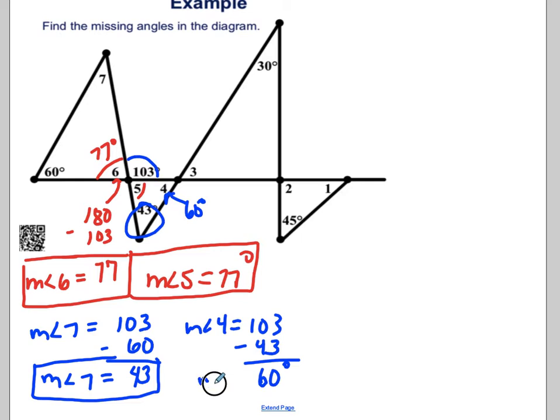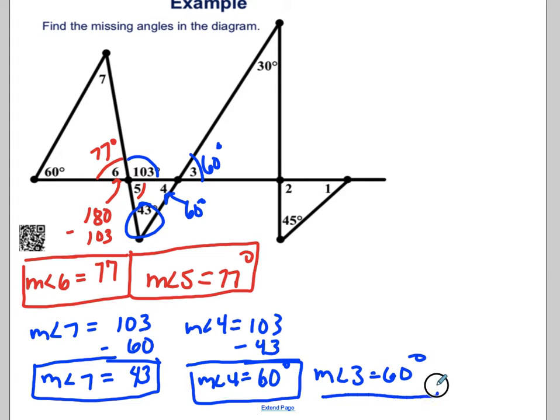Now we're working to get angle 3. Angle 3 and angle 4 are vertical angles, so angle 3 has to be 60 degrees as well. All right, we're getting there. Now these two make up 90, and they make up this largest triangle that you see.